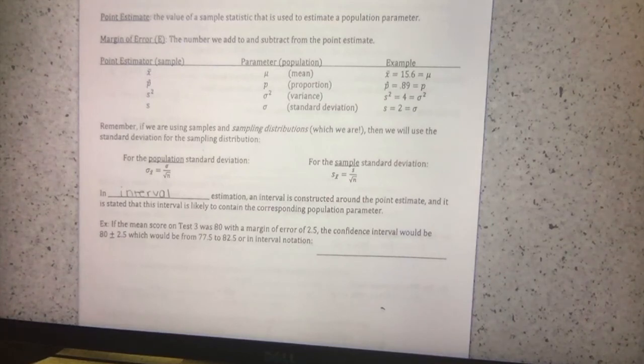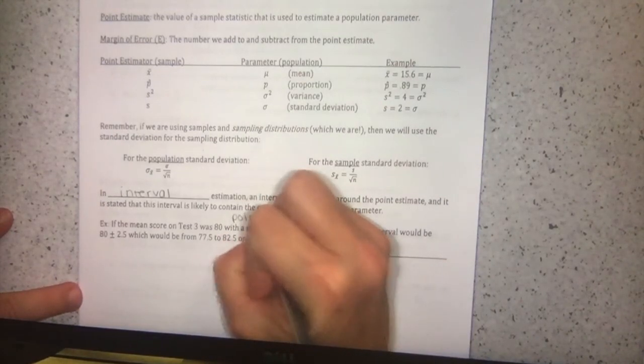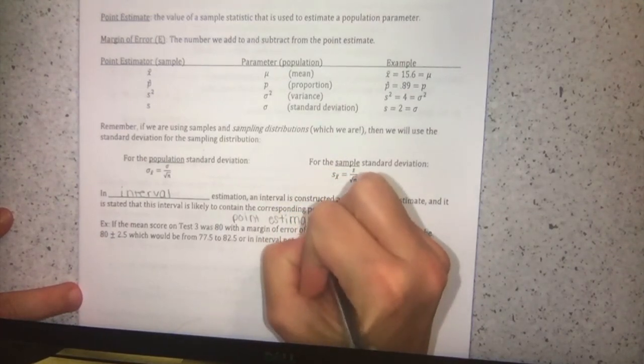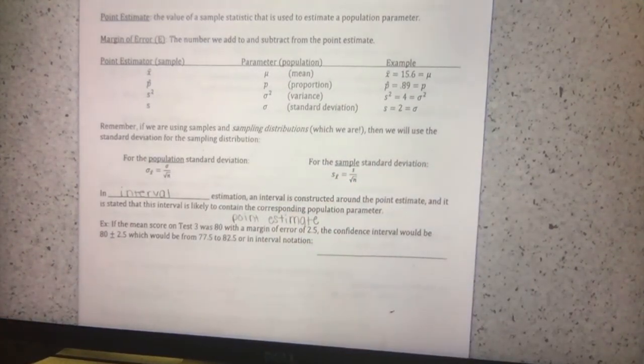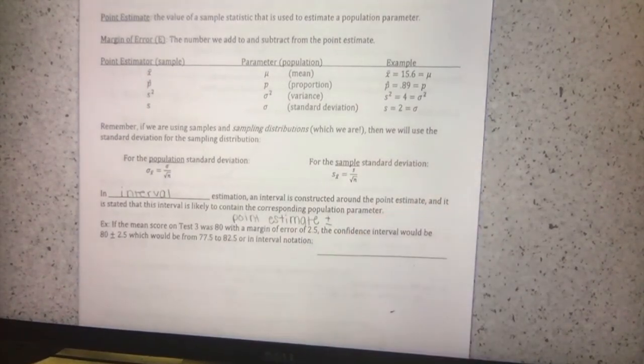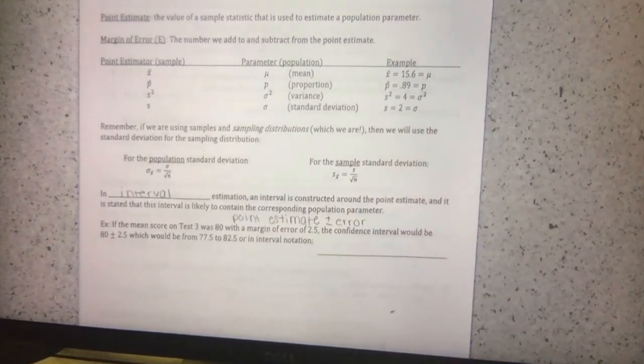So for example, just like we talked about earlier, we can have our point estimate, which is what we think the answer is, but let's give us a little wiggle room. So let's add and subtract, adding to give you a little bit of higher wiggle room, subtracting to give you a little bit of lower wiggle room, and adding and subtracting that wiggle room, which is the error.